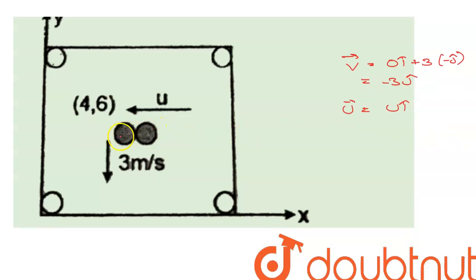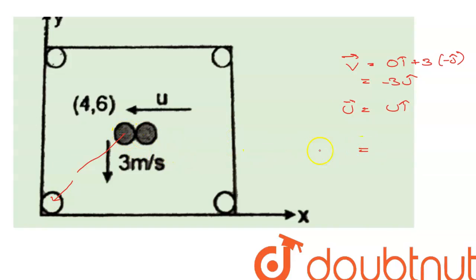Now after the collision, this coin has managed to find its way into this hole which is at the origin, and since this is a smooth surface, there is no component of friction being involved, so whatever velocity vector this coin acquires after the collision, it must have the direction such that it joins these 2 points.